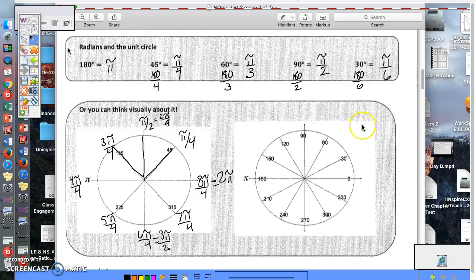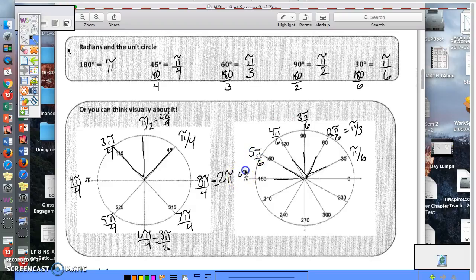This next one here, we're going to look at the 30 degrees. So again, if this is pi, if we look at this top half, 1, 2, 3, 4, 5, 6. So this would be pi over 6, 2 pi over 6, which is pi over 3. 3 pi over 6, 4 pi over 6, 5 pi over 6, 6 pi over 6, 7 pi over 6, 8 pi over 6, 9 pi over 6, 10 pi over 6, 11 pi over 6, and 12 pi over 6.